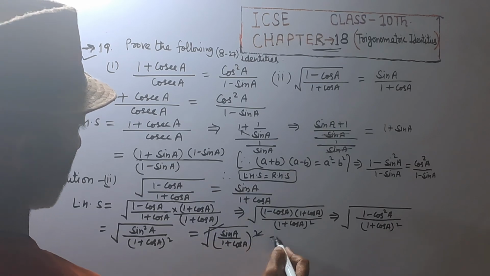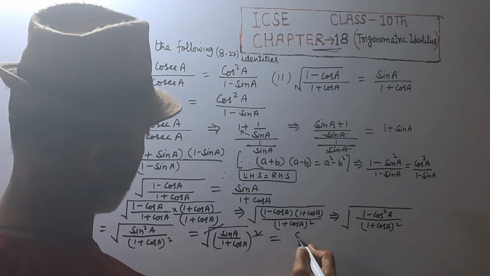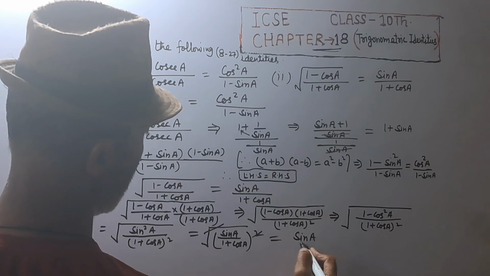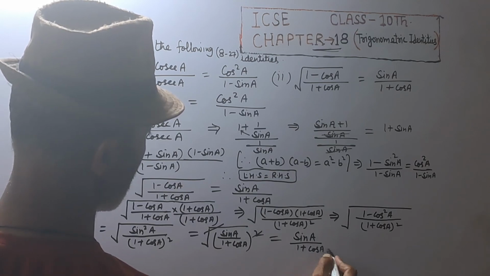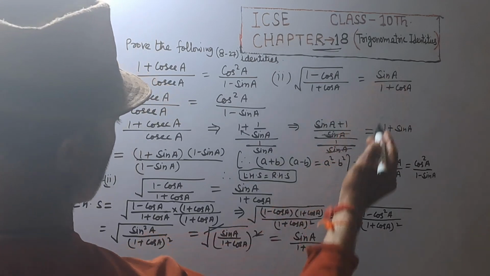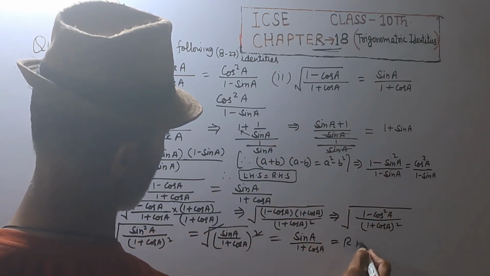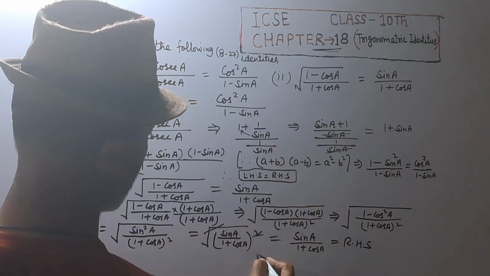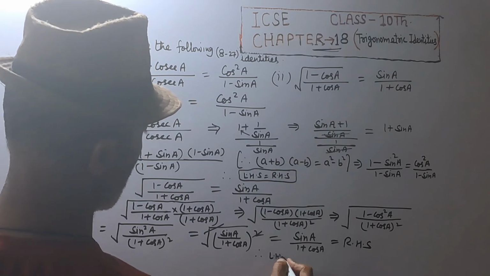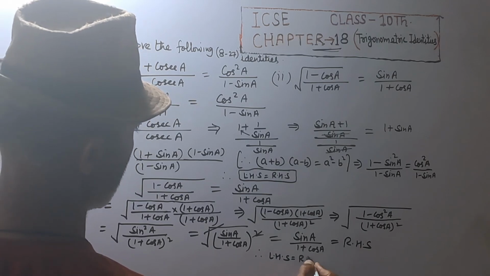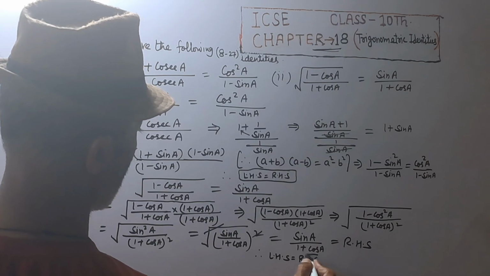Root square cancel and we get sin A upon 1 plus cos A. That is the right hand side. So left hand side is equal to right hand side.